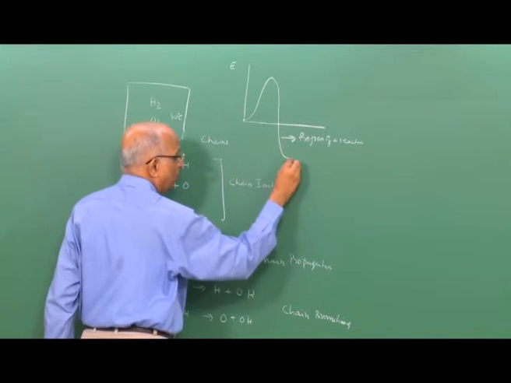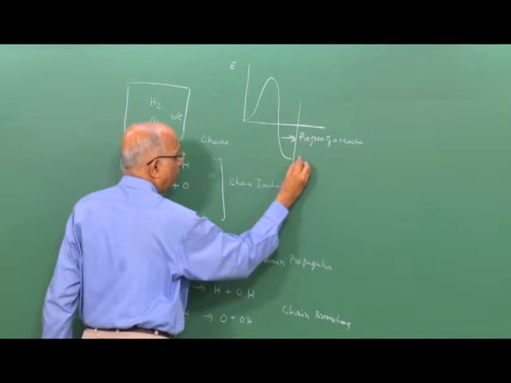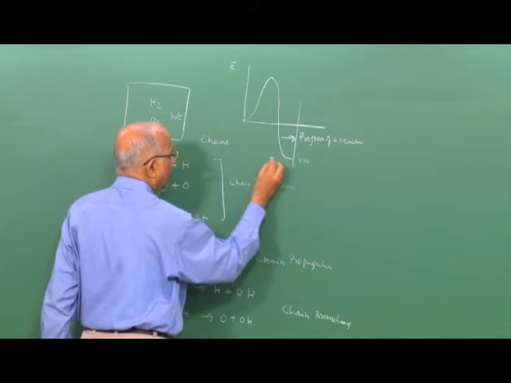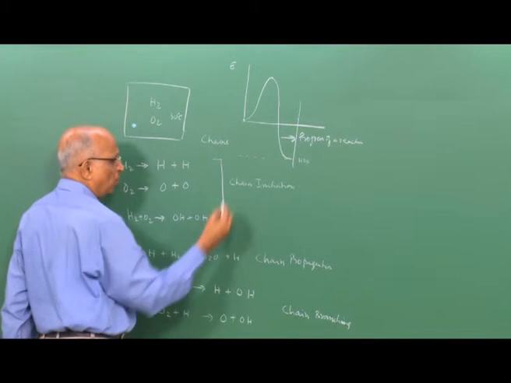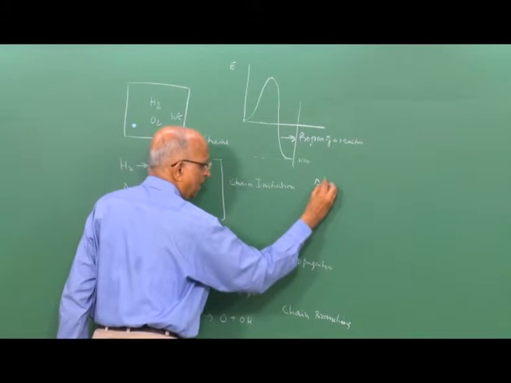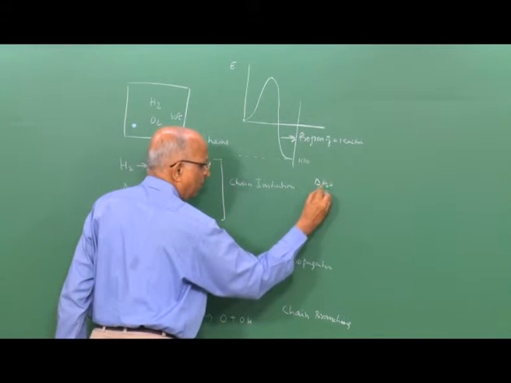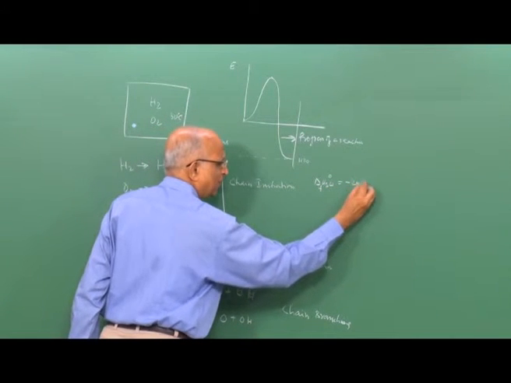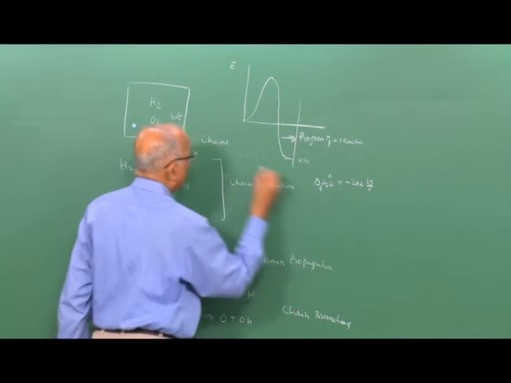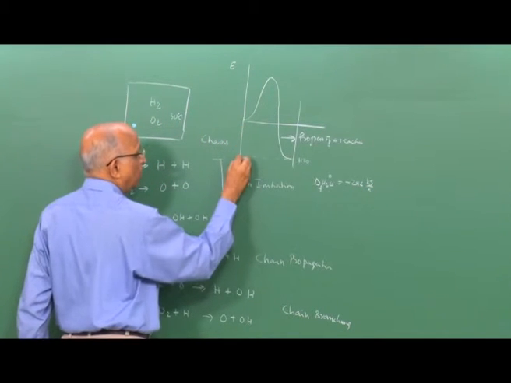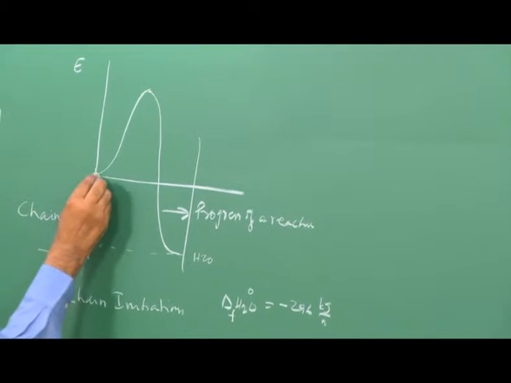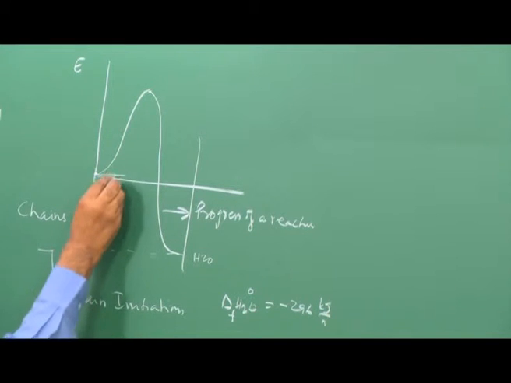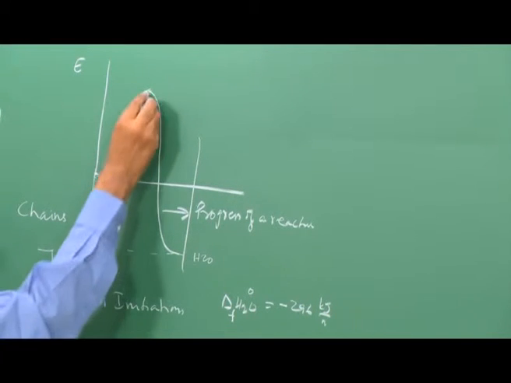It reacts and forms the product which is H2O, and we will recall the heat of formation of H2O under standard condition was something like minus 296 kilojoule per mole. Therefore, this corresponds to the product, the lower energy level, and this is the heat of reaction, and this is the activation energy.